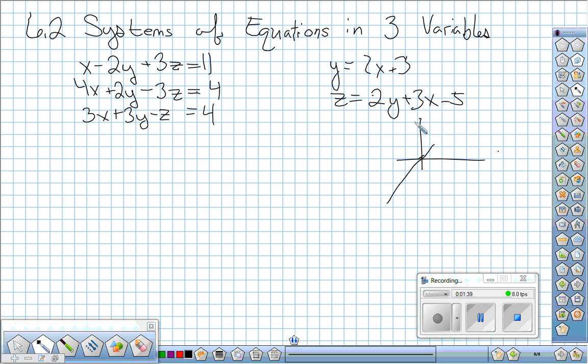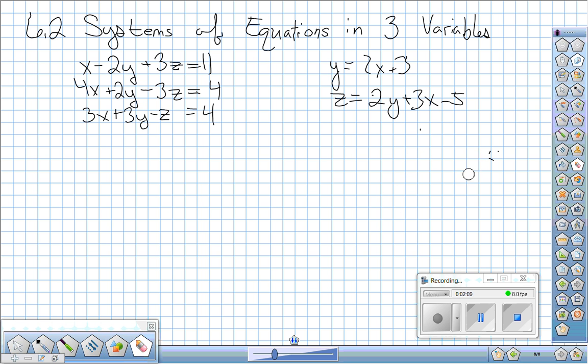Now z would be going up and down, with y and x. We would have some function that's going crazy, and on a two-dimensional picture you really have no idea what's happening, and this is really a terrible picture. But this is the basics of what's happening in 3 dimensions.